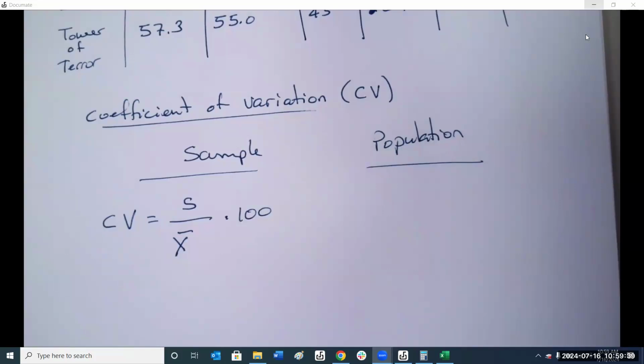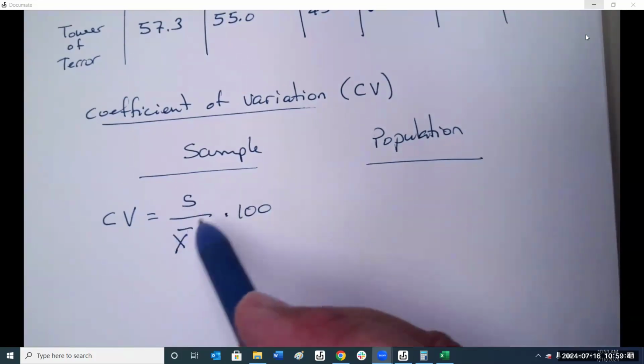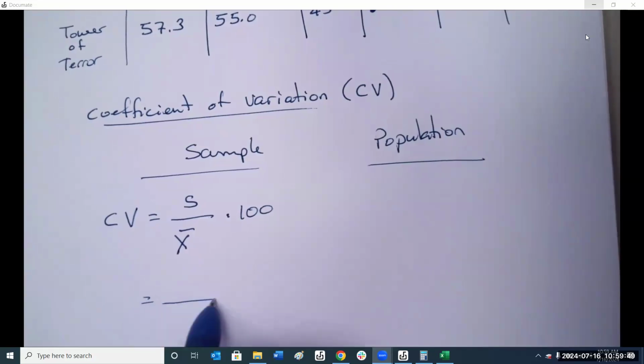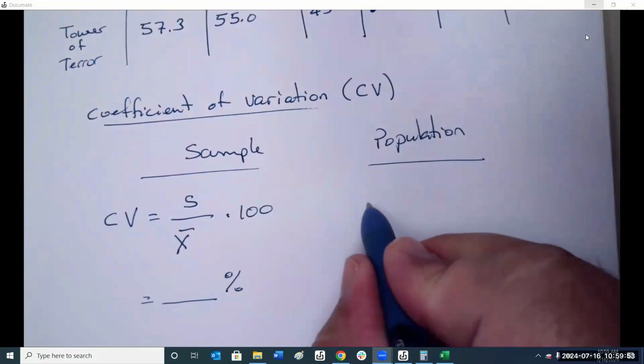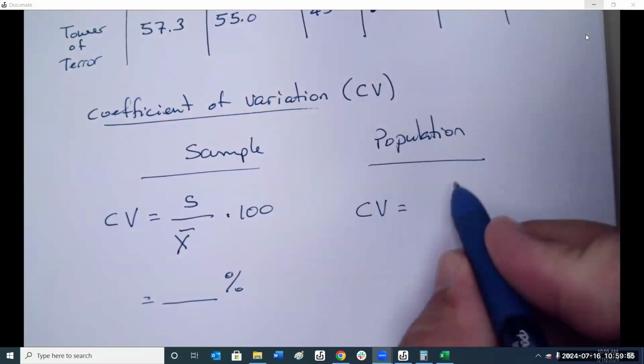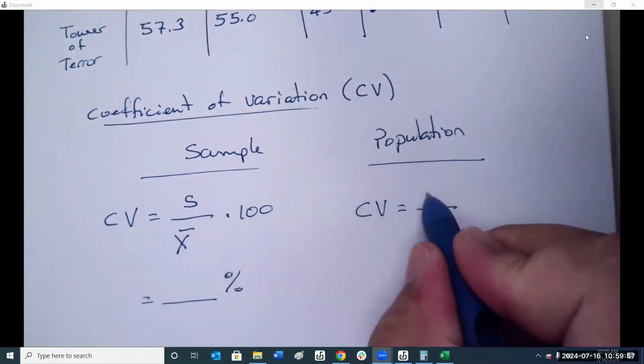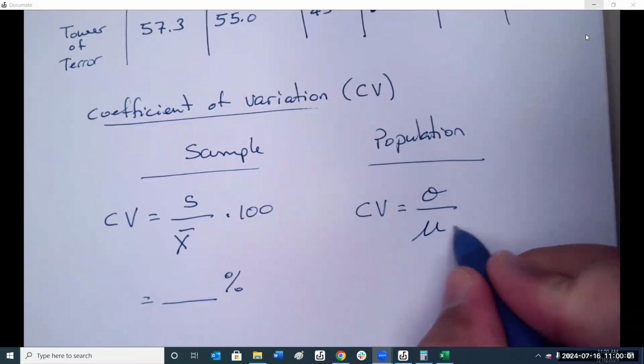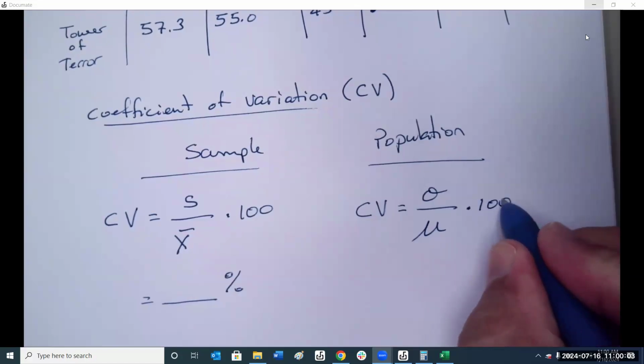The reason we multiply by 100 is that anytime you take a fraction, divide by the mean, times 100, you get a percent. This will give us some percent value. For the population, the standard deviation of the population is rho, and the mean is mu, times 100.